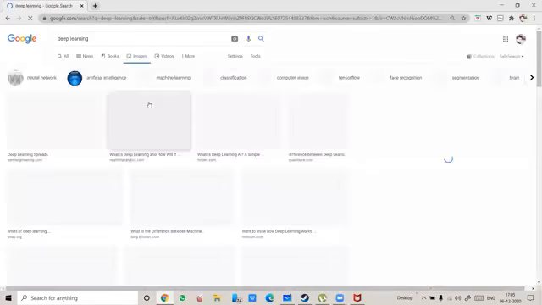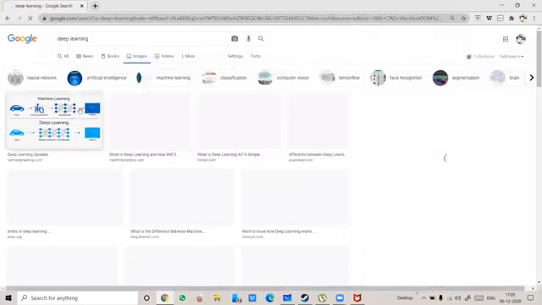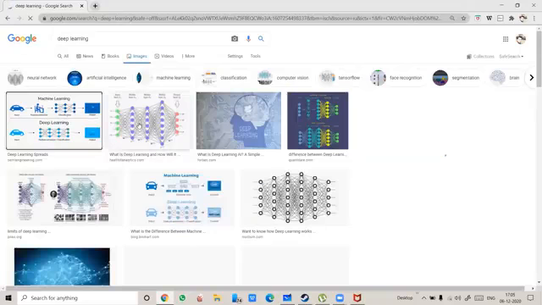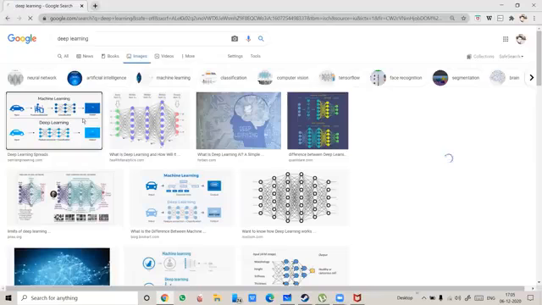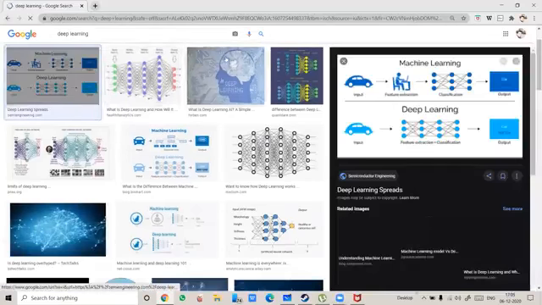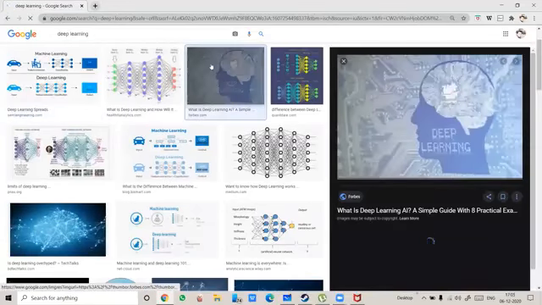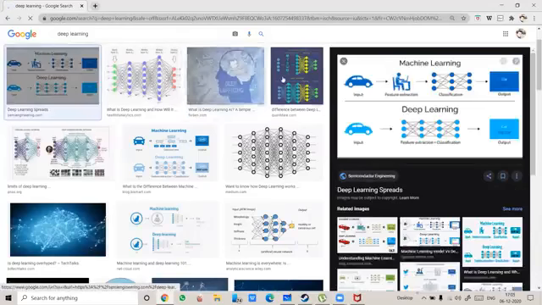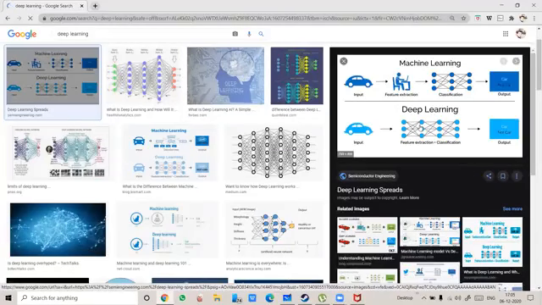Just see the image. With the help of pictures, students, you can understand things easily. That's why I'm showing you the pictures of each and every term. Machine learning, look here, and deep learning.